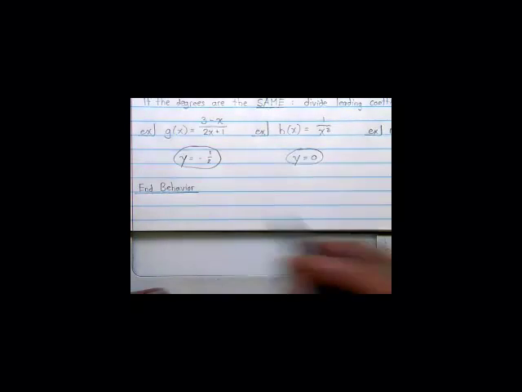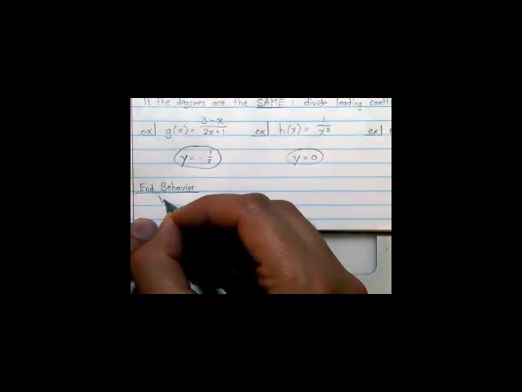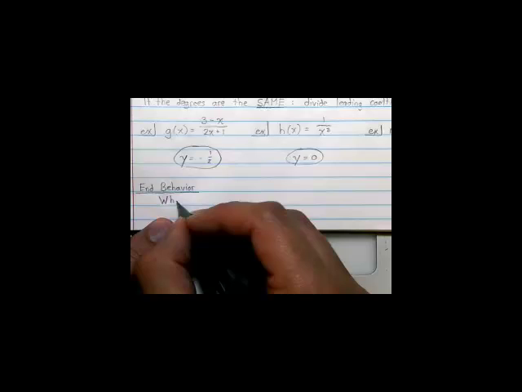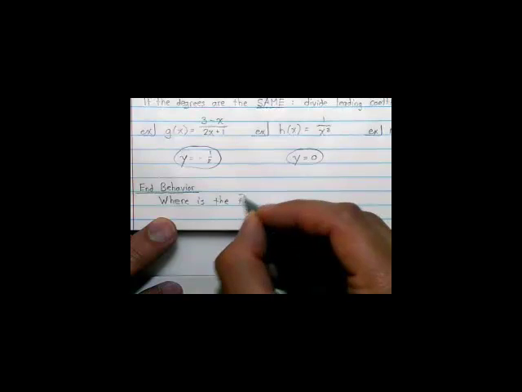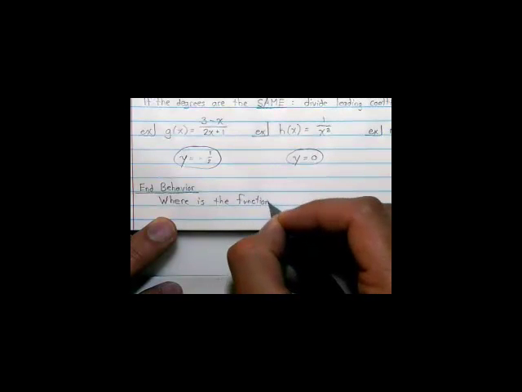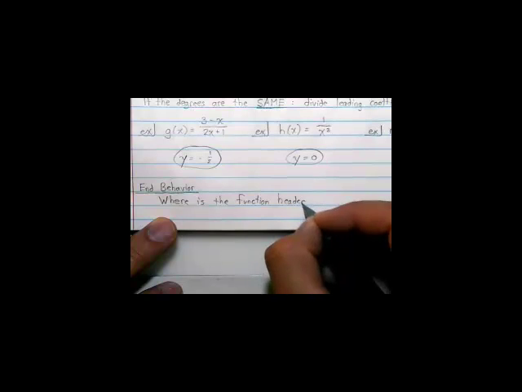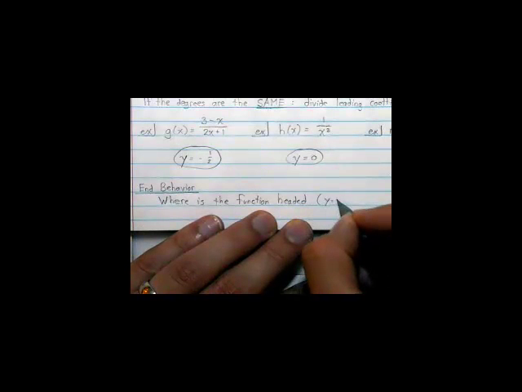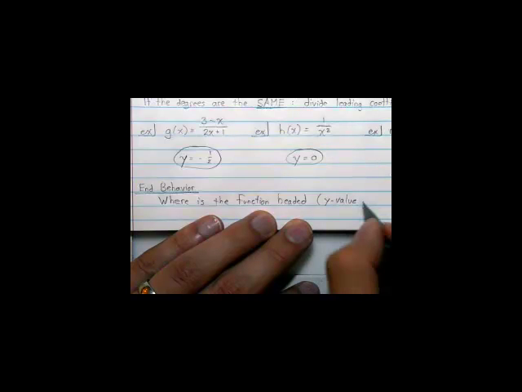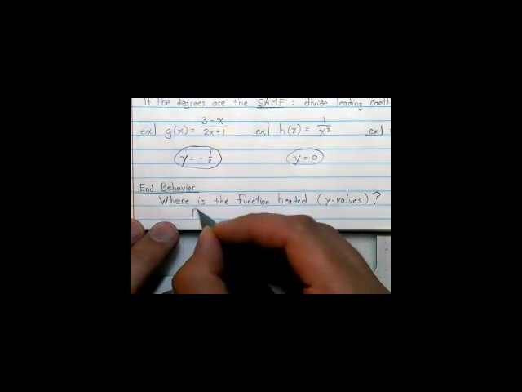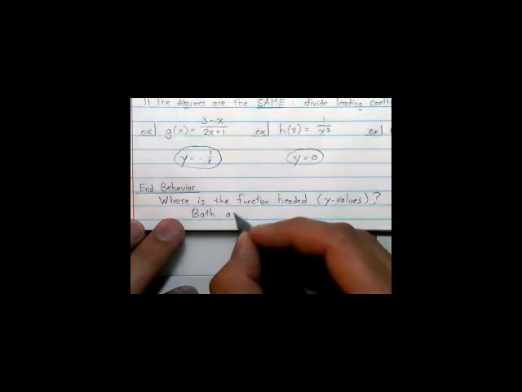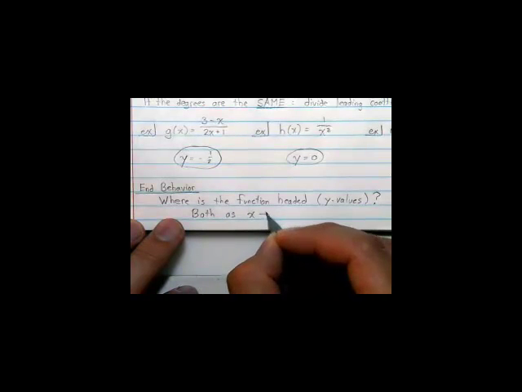But let me just write down the definition here first, and then we'll go to the next page, and I'll show you what I'm talking about. So if you want to think of it as where's the function headed, the answer is going to be a y value, and we're going to consider both as x approaches, and the little arrow here means approaches.